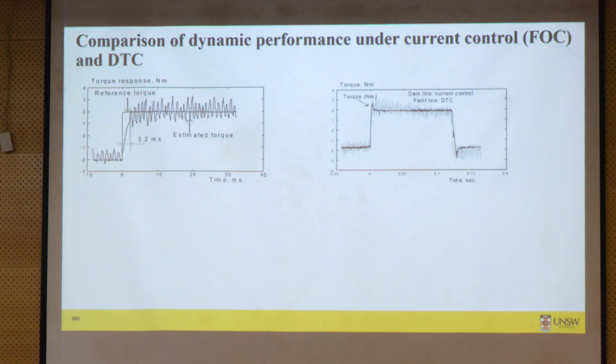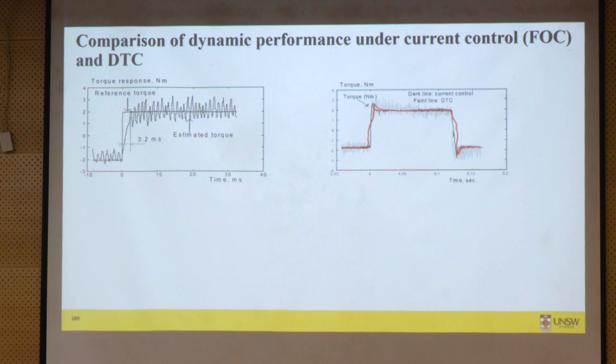You can see here the comparison of FOC and DTC for the same type of application. The dark line is FOC, and you can see how smooth the torque is.